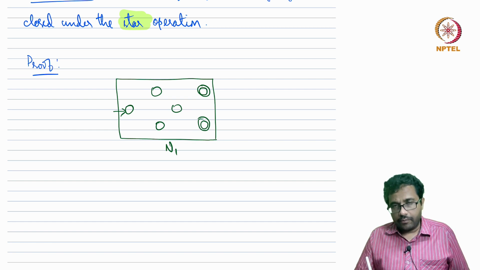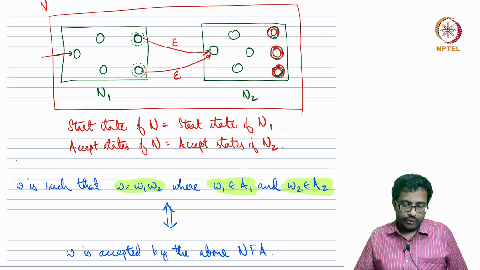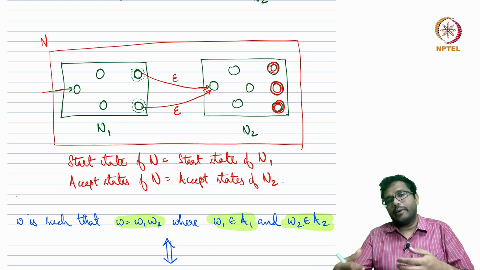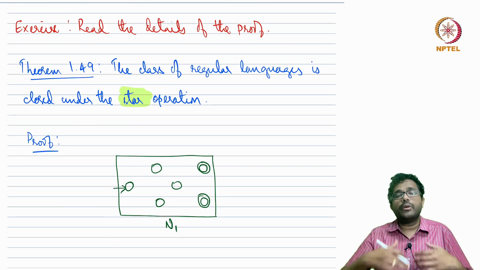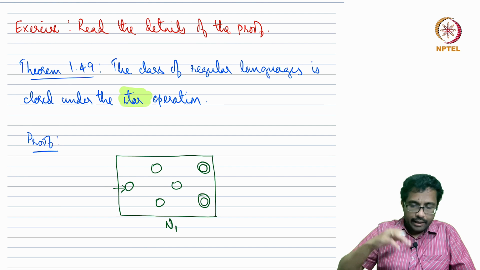The idea is kind of similar to what we saw here. In concatenation, after going through N1, we want to go through N2. But here there are no two languages, there is only A, right? So now we want to accept A star, which means we want to be able to come back to the start.